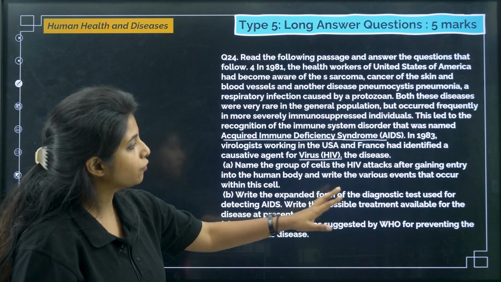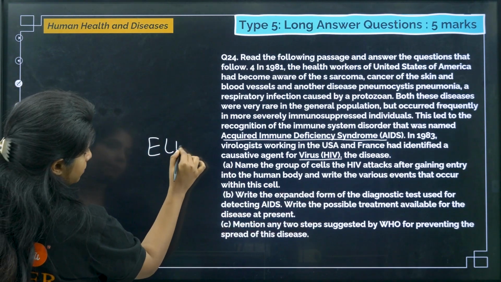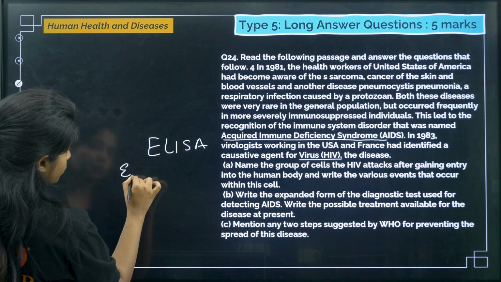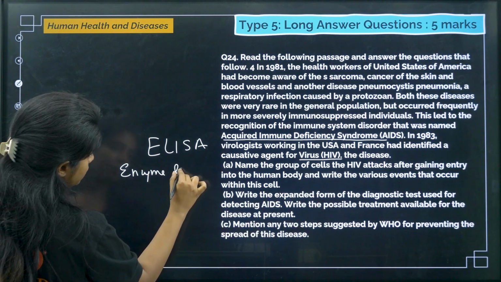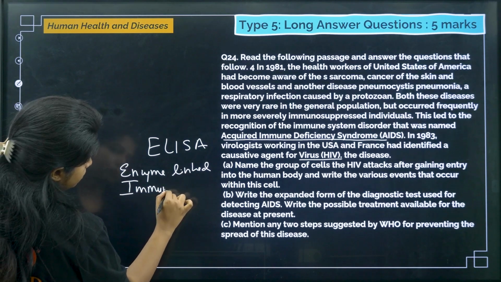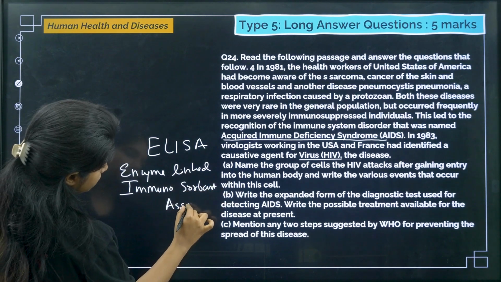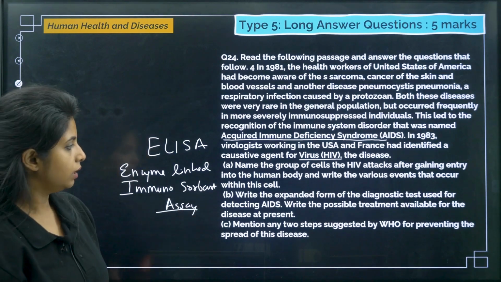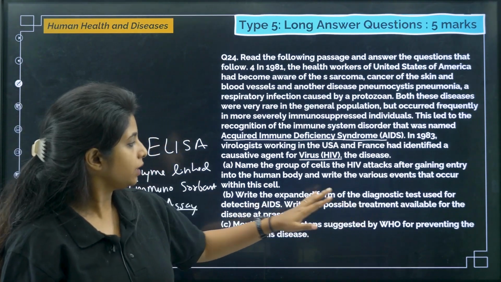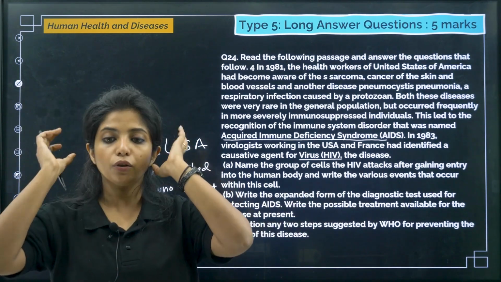Now, write the expanded form of the diagnostic test used for detecting AIDS. I already told you it's ELISA. So it will be enzyme linked immunosorbent assay. ELISA. Cool. Now, write the possible treatment available for the disease at present. Do you have any big treatments available? Can you cure AIDS?